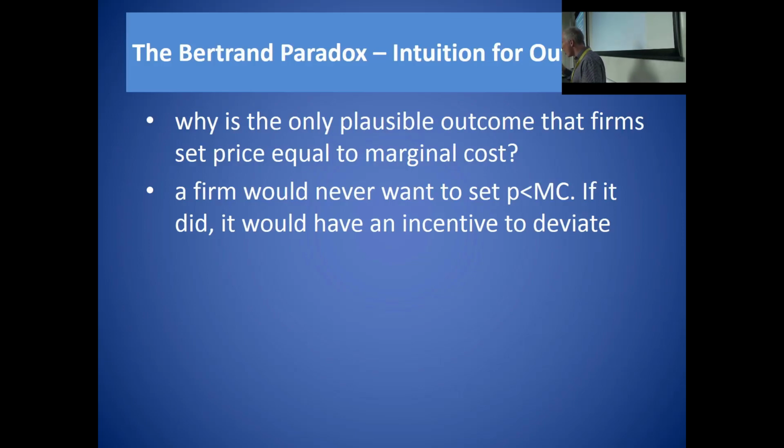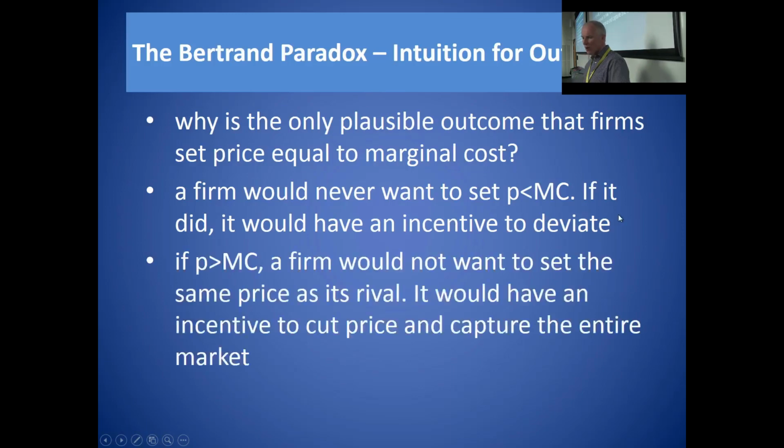Hence, our Nash equilibrium cannot possibly lie with the firms charging a price less than the marginal cost of production, because if it was, there would be an incentive to increase price. If you're changing price, it cannot be a Nash equilibrium. So that's the first part. Absolutely, the Nash equilibrium could not be with either firm setting a price less than the marginal cost of production.